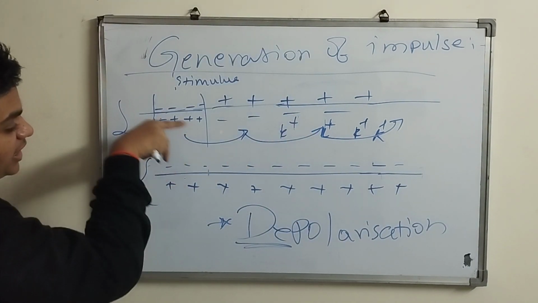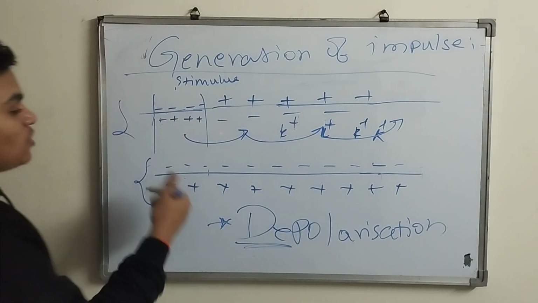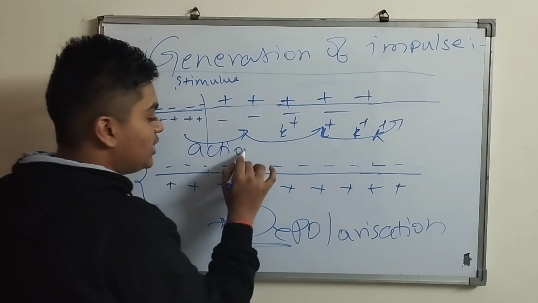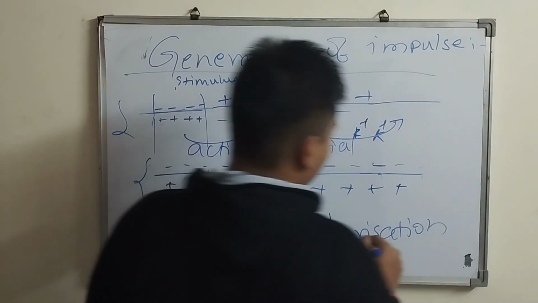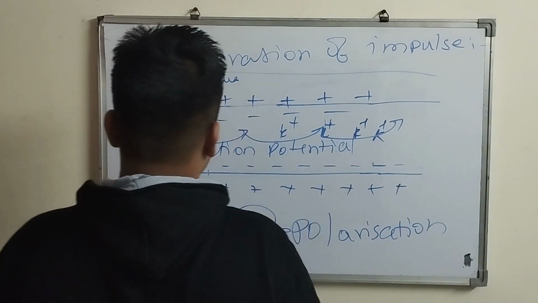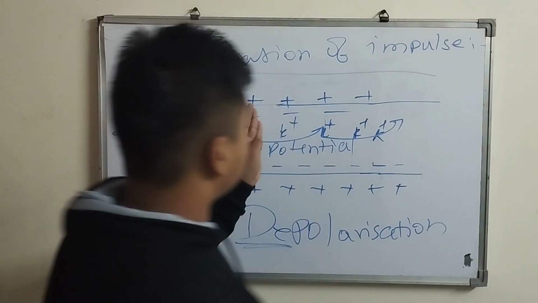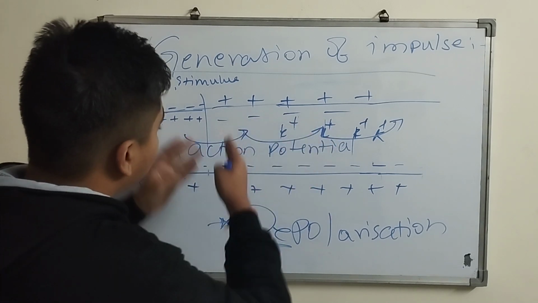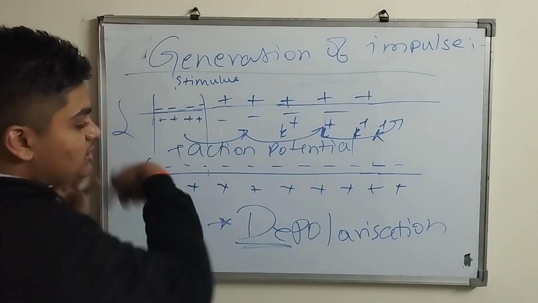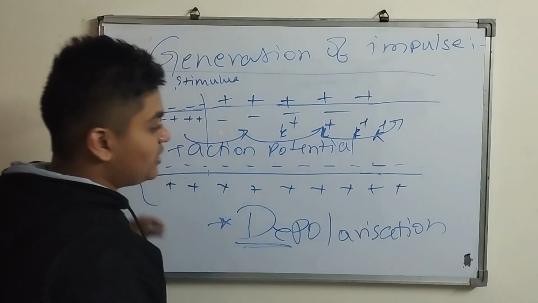This potential gradient which is developed here is called your action potential, as per your electrostatics or moving charges. Since this charge is moving, this action potential which is generated here due to the reversal of signs is called action potential.